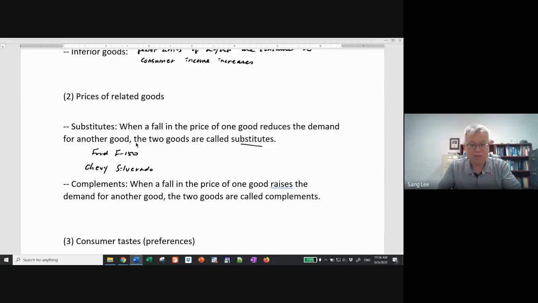But what is the technical definition here? When the price of one good falls, let's say the price of the F-150 falls, then what will happen? As the Ford F-150 becomes cheaper, some people will switch from the Chevy Silverado to the F-150.